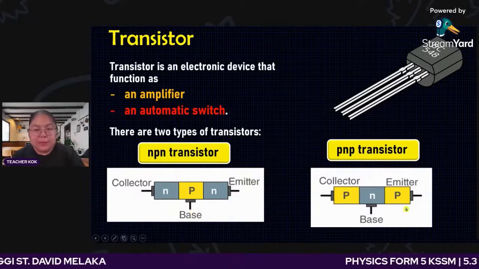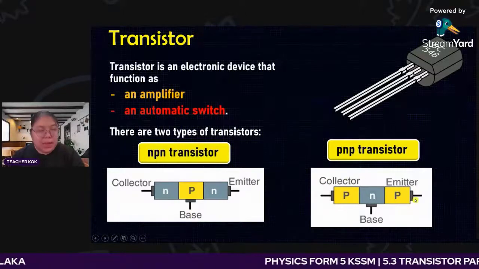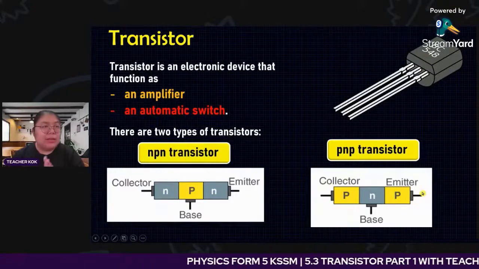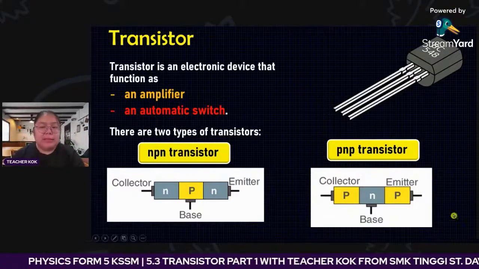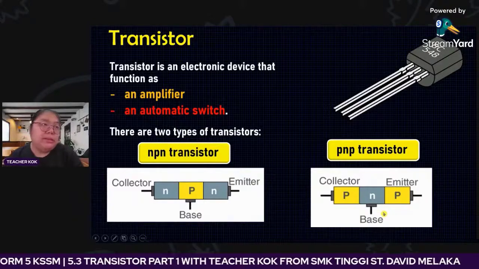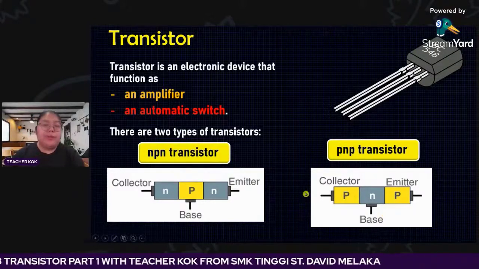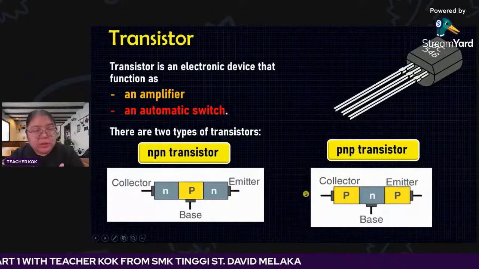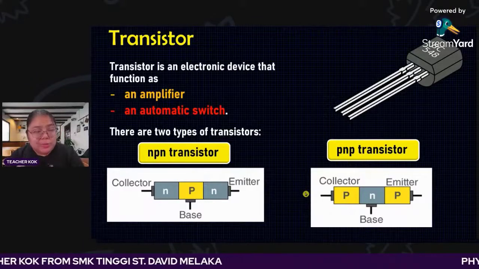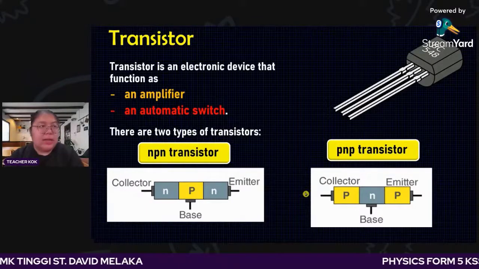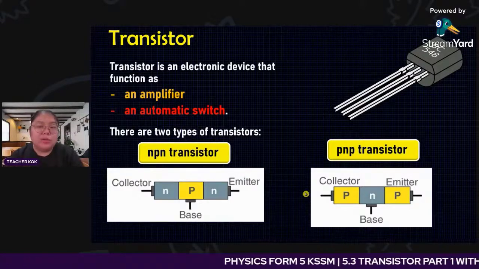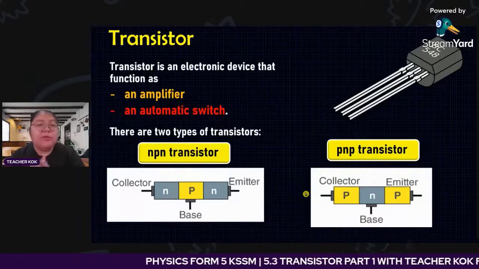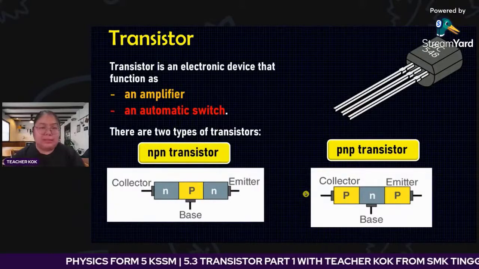If I say PNP, there is also a collector and an emitter; the positions must be the same, and the center is surely the base. Remember how to create the transistor: it starts with the diode, and you add another N type or P type, then join to become PNP and also NPN. So we only have two types of transistor.